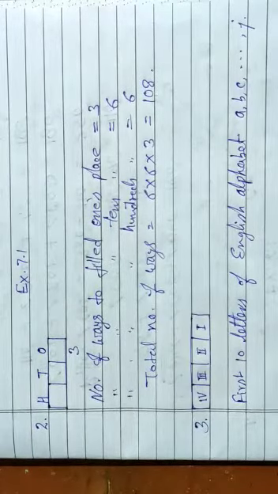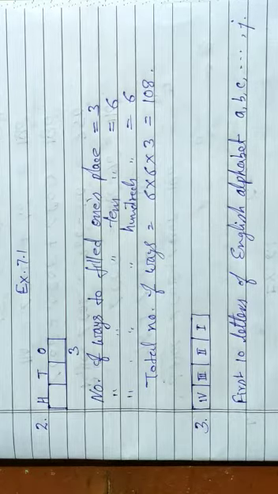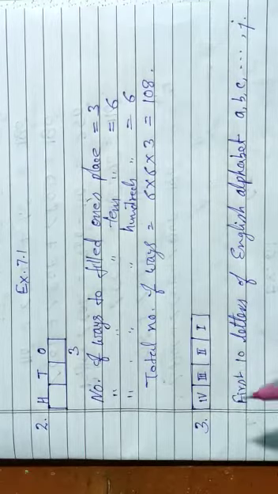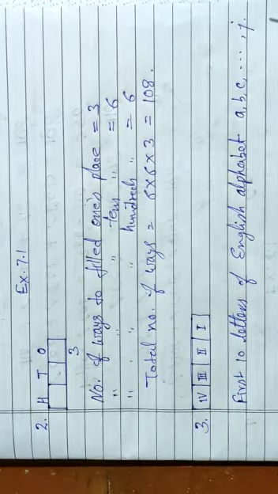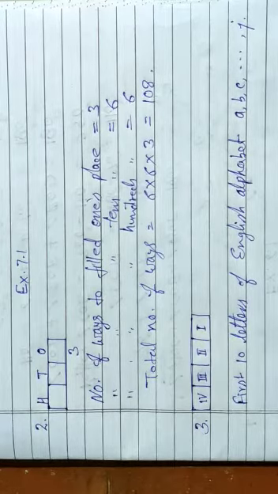Now question number 3. How many 4-letter codes can be formed using the first 10 letters of the English alphabet if no letter can be repeated? So there are 4 places, first, second, third, fourth, and the first 10 letters of the English alphabet are A, B, C up to J. The number of ways to fill the first place is 10, because there are 10 letters.